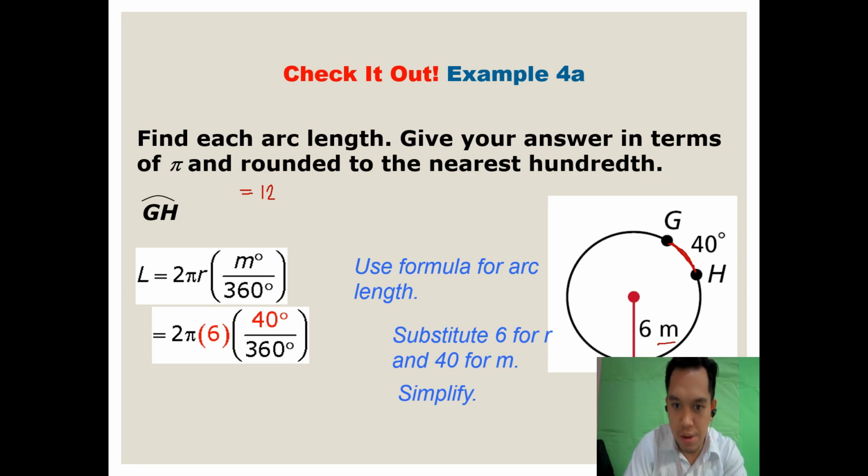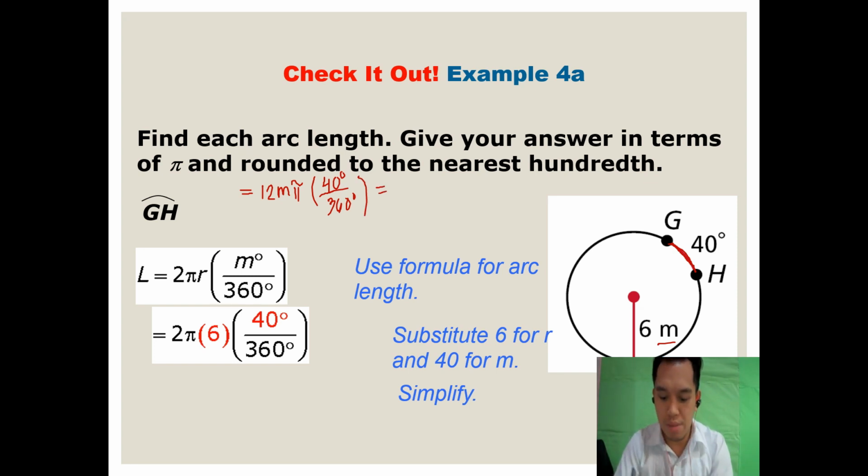So 12 meters pi times 40 degrees over 360 degrees. Okay? Then next is, i-multiply mo na. 12 times 40 is 480. So that is 480 meters pi over 360 degrees.